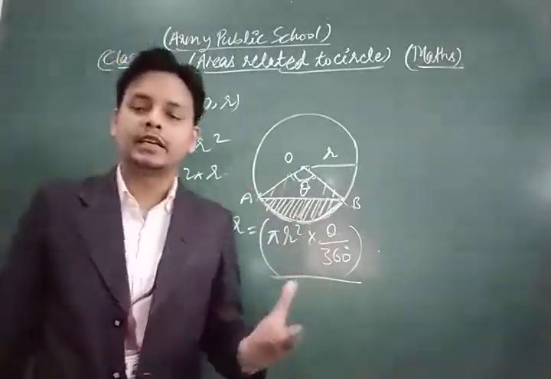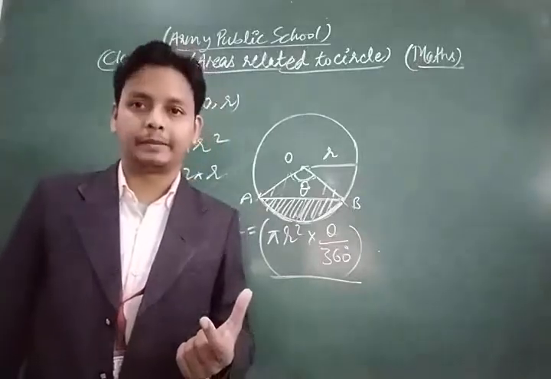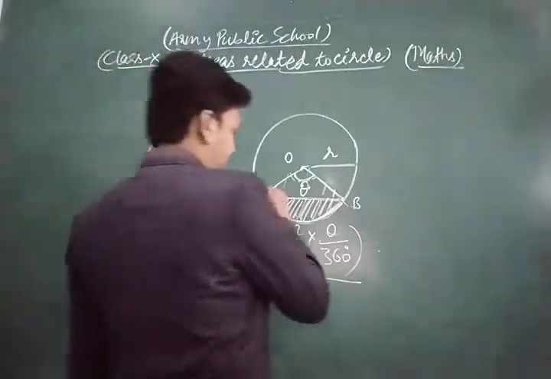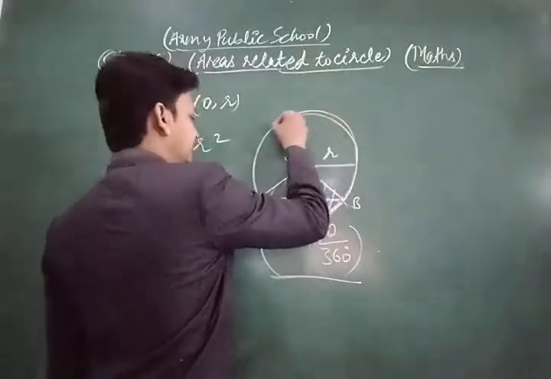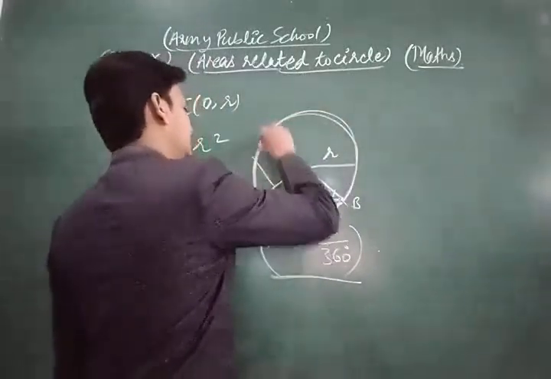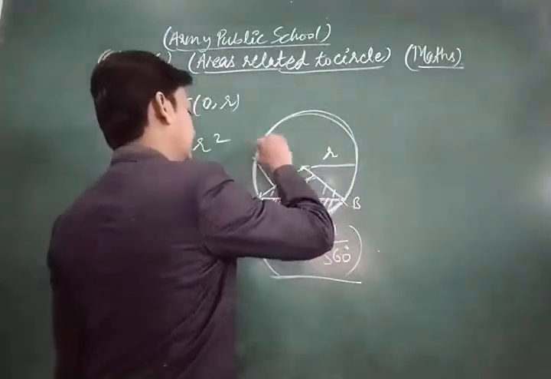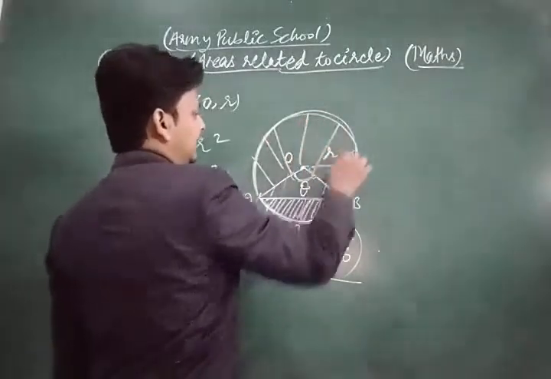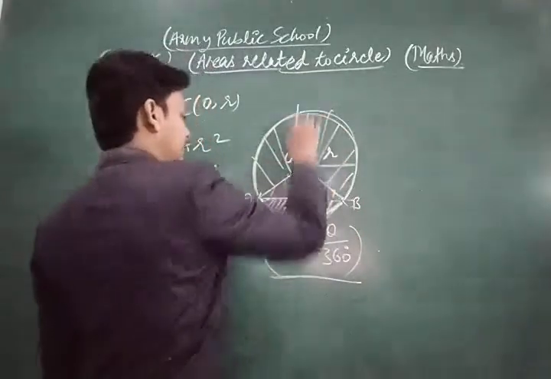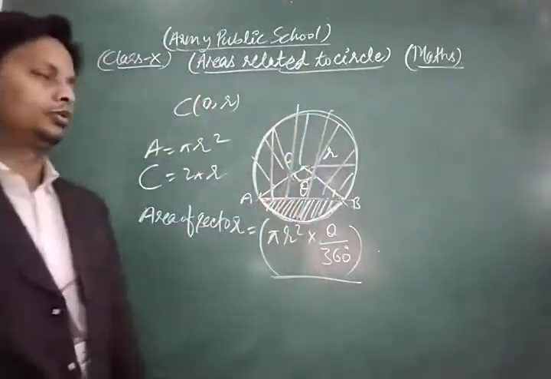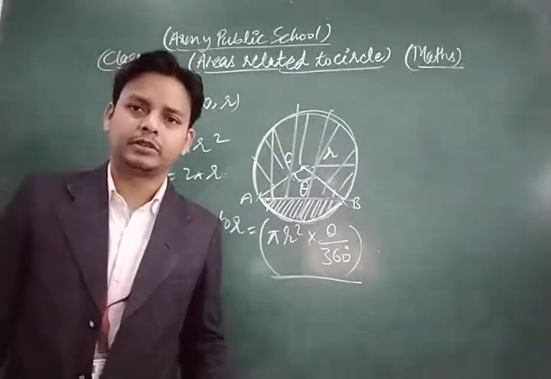The region bounded by an arc and a chord of the circle is called the segment. So here AB gives the minor segment, and if we consider the arc BA, this one is the major sector, and that whole region is called the major segment. So in this way, this is the concept of that chapter.